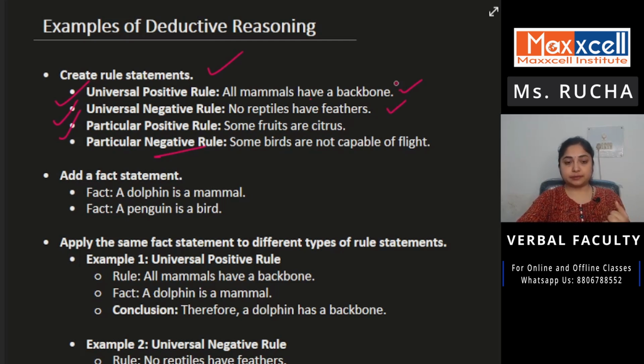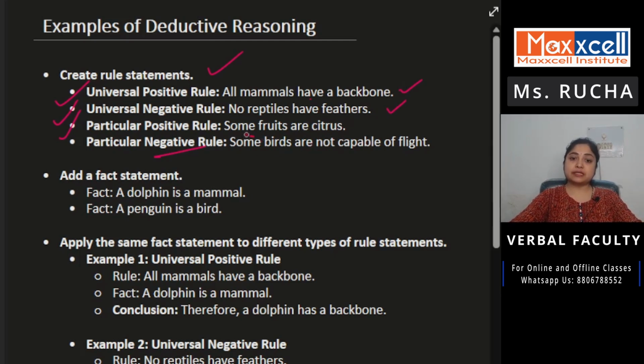I hope this is clear. Next is particular positive rule. Particular positive means some fruits are citrus. Now, instead of saying all, we are saying some. That is the reason this is particular positive. Particular negative rule will follow the same lead. Some birds are not capable of flight.